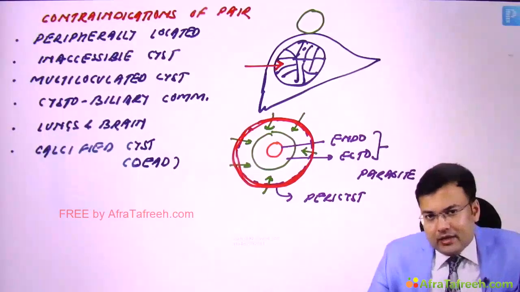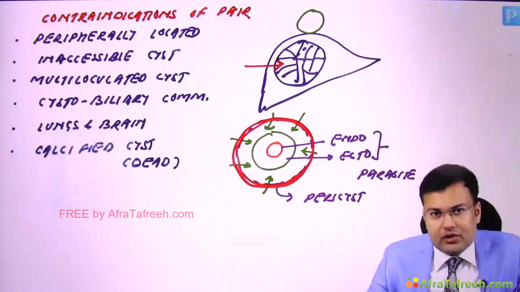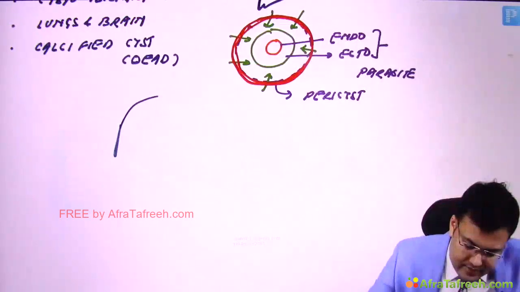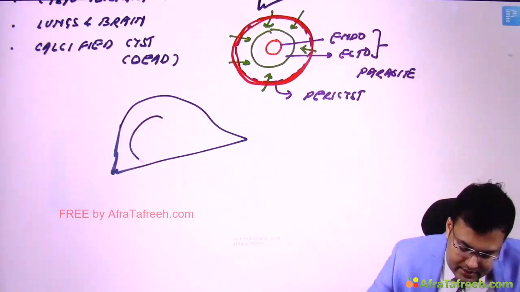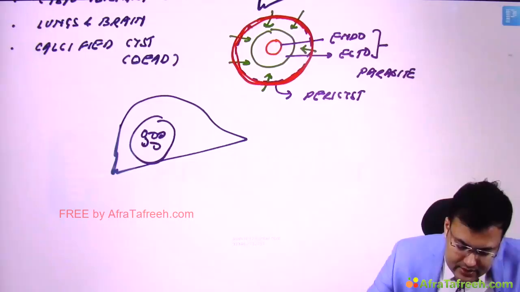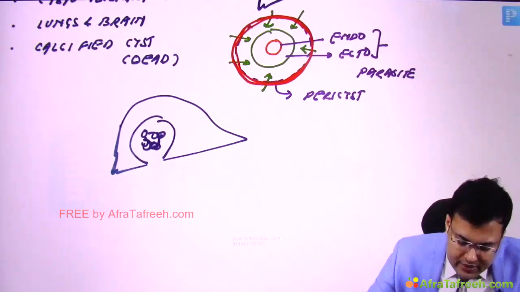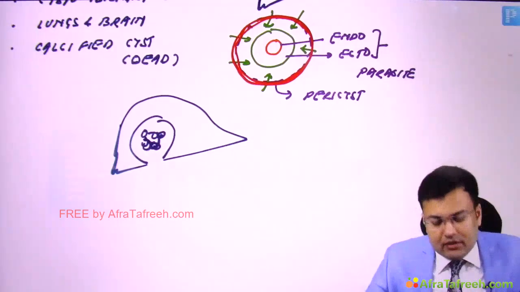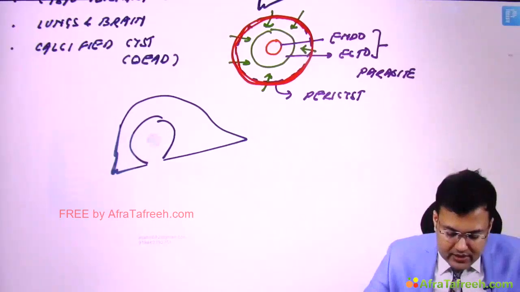If PAIR is contraindicated, we can go for evacuation of cyst content and obliteration of the cyst cavity. How do we do it? See, this is liver and this is the cyst, and this is the cyst content. You divide one wall, and after dividing one wall, you evacuate the cyst content.